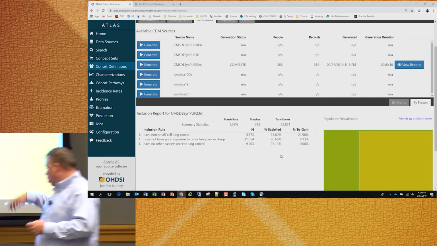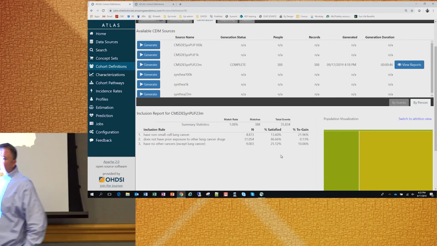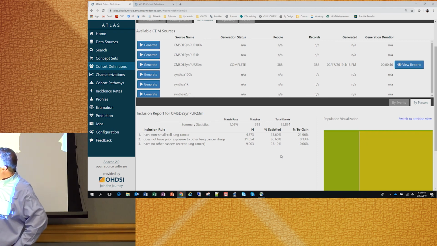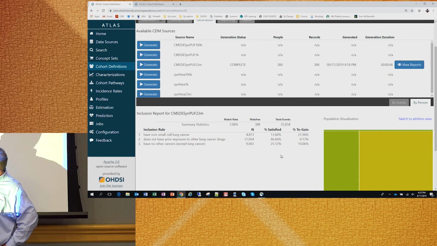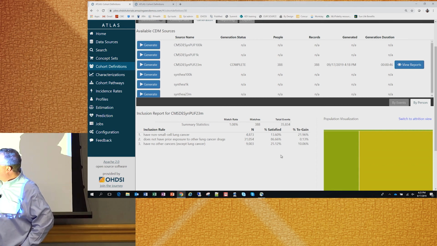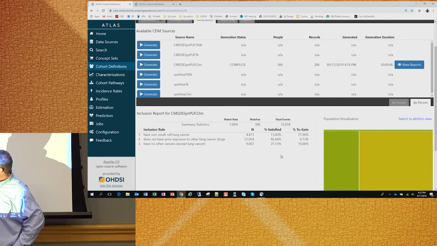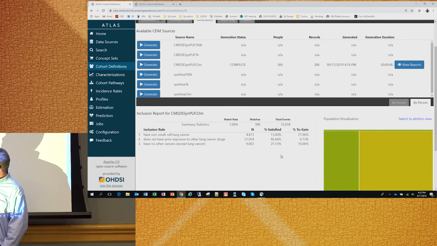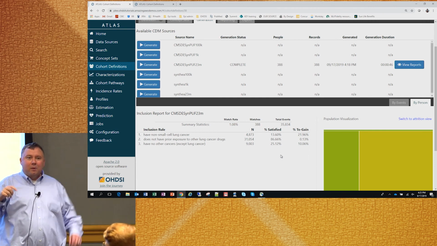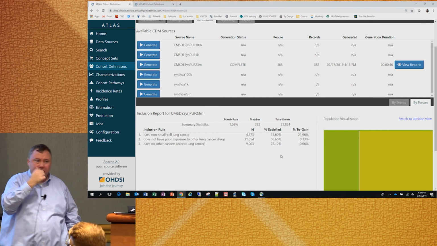Okay, so you can see that cohort. You can see we started with 35,000 new users of carboplatin, and you can see why they fell out. Only 13% of the people with carboplatin actually had lung cancer in their records, and only 25% had no other cancers. So collectively, only 1% of the people that we started with actually got kept in the cohort.